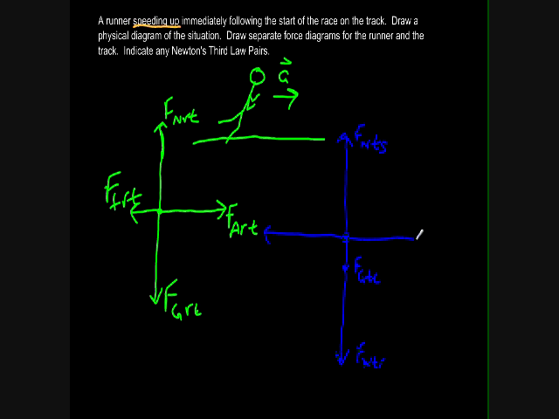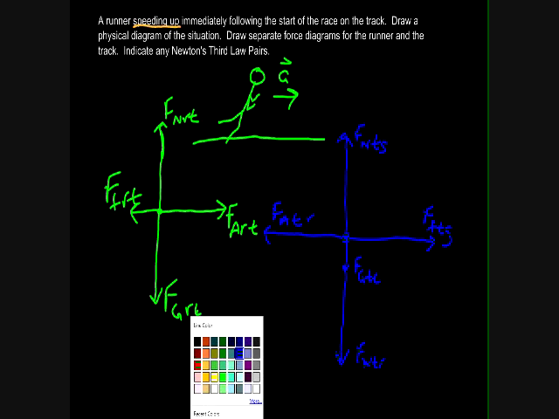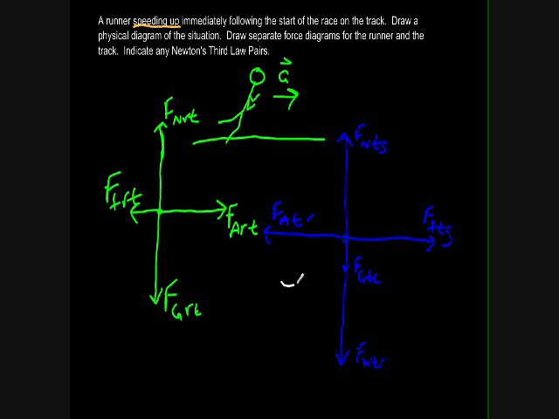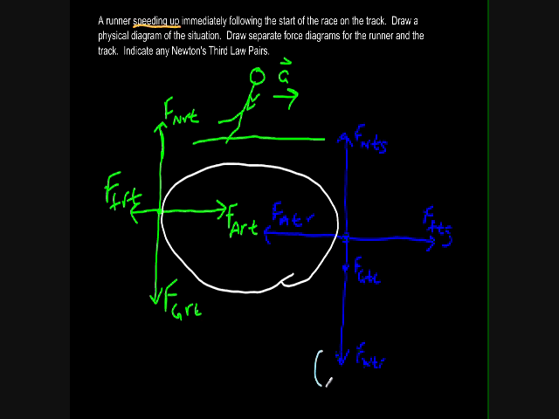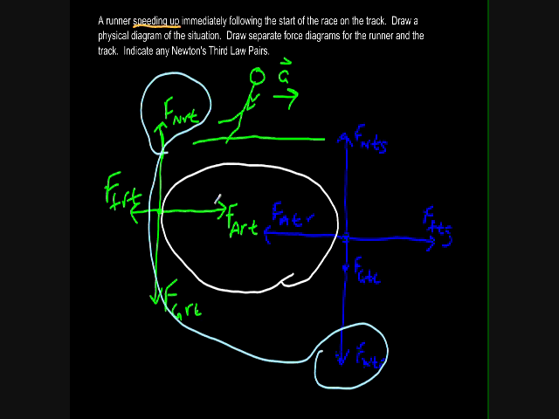The track's still not going anywhere, so it does not change. Force of friction on the track by the ground, and the force applied on the track by the runner. So once again, we have that force pair here. And yes, we still have that force pair here and there as well.